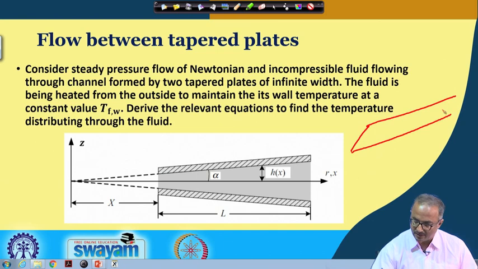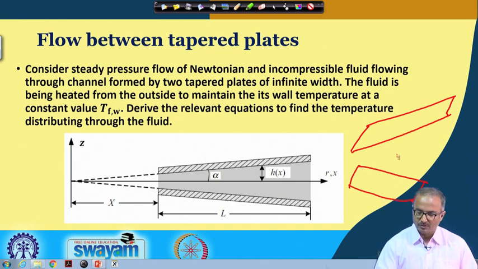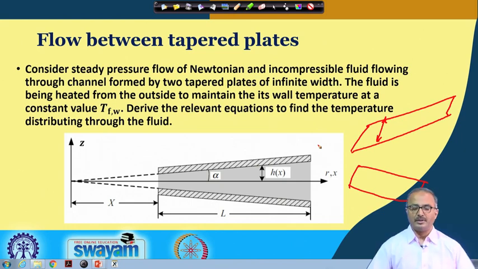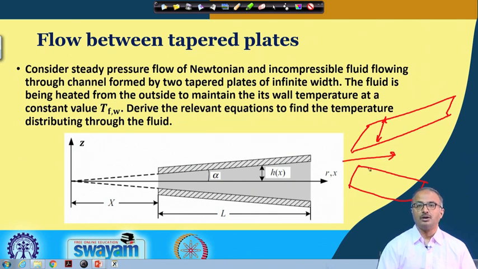So, you can imagine that we have two plates like this, and this particular width is taken to be infinite. So, we have two plates like this, and through them the fluid is going out.